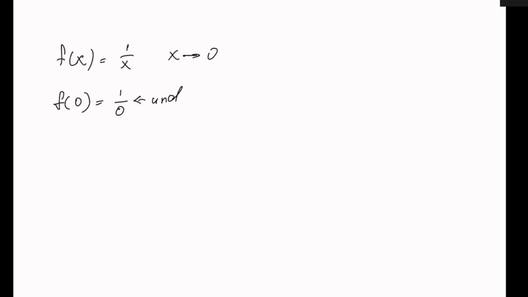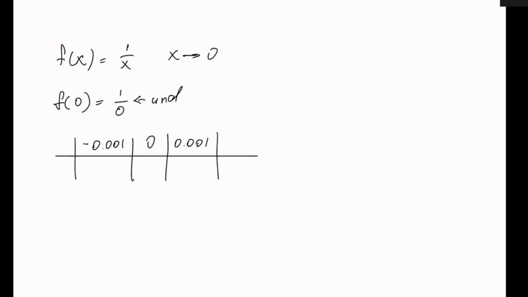So again, we will set up the table. We have 0 in the middle, and then something close to 0 would be a good idea. So negative 0.001 and positive 0.001. Let's check these two values, and maybe negative 0.01 and positive 0.01 would also be a good idea.